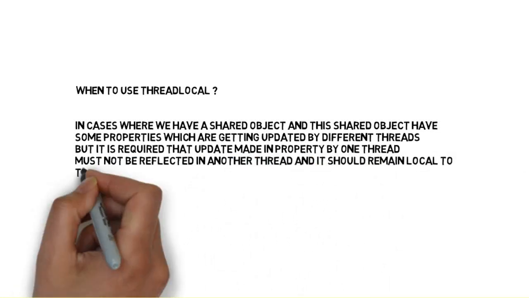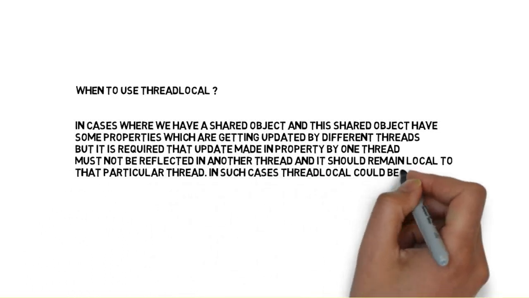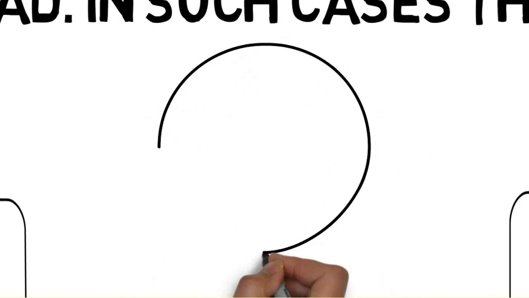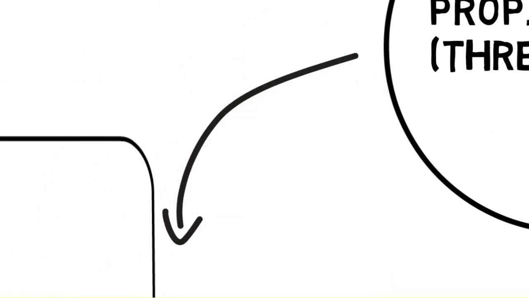In such cases, thread local could be used. Typically, it could be imagined something like this. We have thread 1, thread 2, we have a shared object, and the property of the shared object would be a thread local.